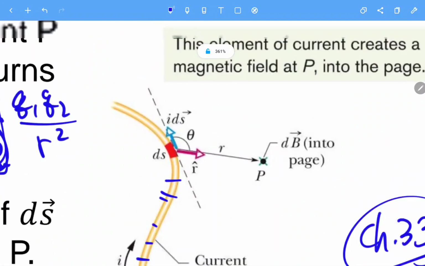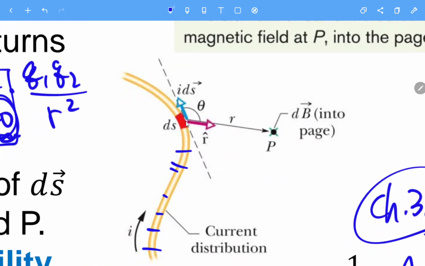Let's see. On this diagram, this is ds, and the current points in this direction. So ds is pointing to the top left, and I is a positive value, so I ds also points in this direction. Here ds is a small segment, so you can consider it as a dot. Then you connect this dot with the point you are concerned with, this point P where you want the B field. So our axis is in this direction.